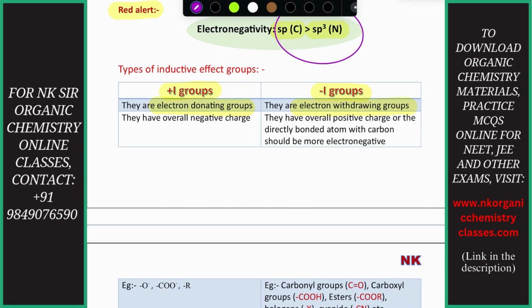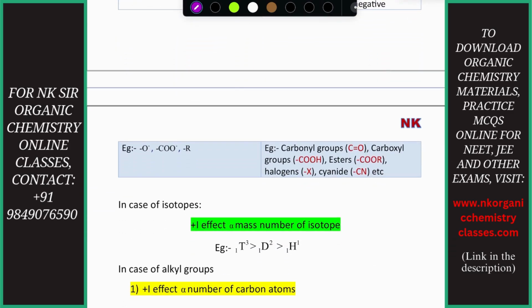If it wants to donate electrons, first of all it should be electron rich, and you know well that electron rich will have negative charge. So plus I groups have overall negative charge, whereas minus I groups have overall positive charge, or else the directly bonded atom should be more electronegative.